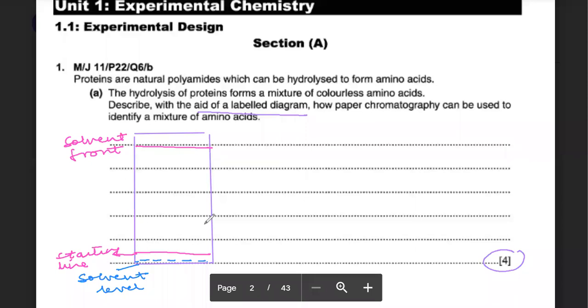So these 3 things: we have the solvent front, which is just below the starting line drawn in pencil. Solvent front is also a label, जहां पर मैं solvent को top तक लेके जाऊंगी.